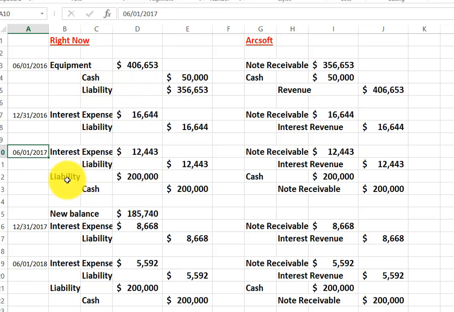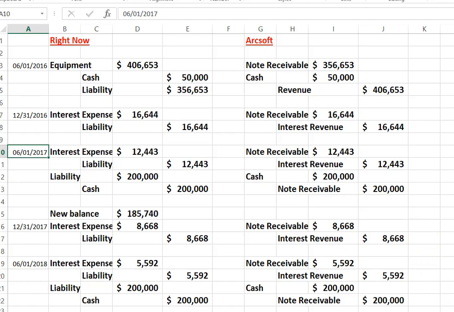But when you pay it off, then you debit the liability for the full 200,000. So you're paying off this part of the liability, this part of the liability, and reducing the amount of the original liability. If you put these as interest payable, then you would debit interest payable for the sum of these two, and then the rest would go to the liability. And just the opposite over on the other side with interest receivable or note receivable and interest revenue.